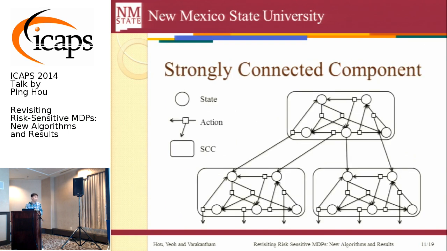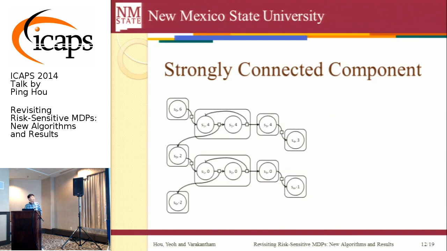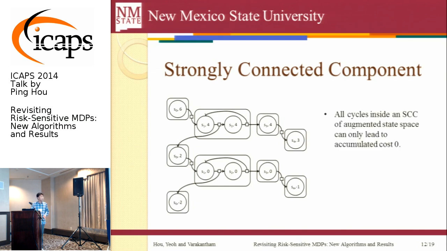Okay, now we start to introduce our algorithms. We all know that for an MDP, we can analyze and divide the state space into different strongly connected components. We call them SCCs, and they form an SCC tree, normally called a directed acyclic graph, DAG. For the augmented state space, we can divide it into different SCCs like this. There are some interesting things about this structure.